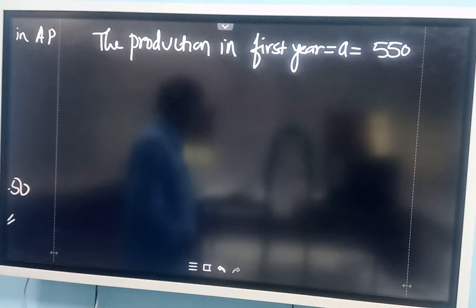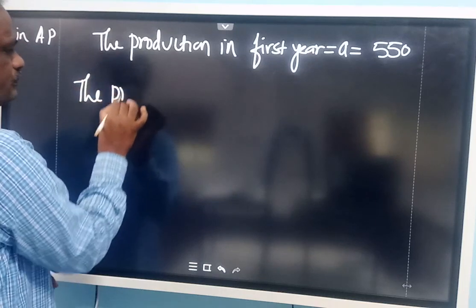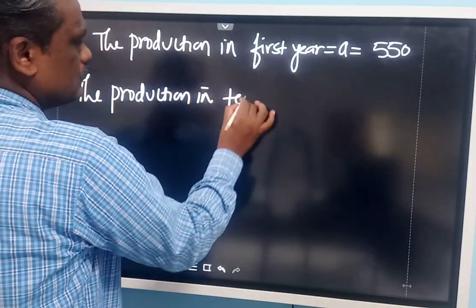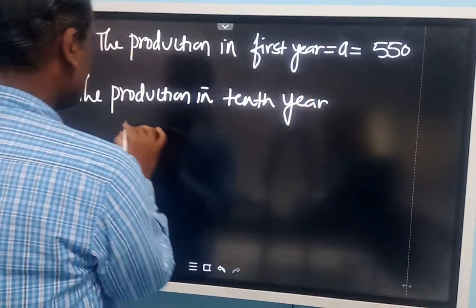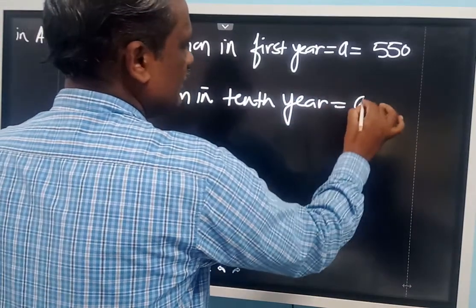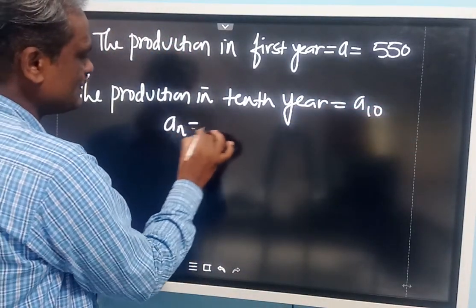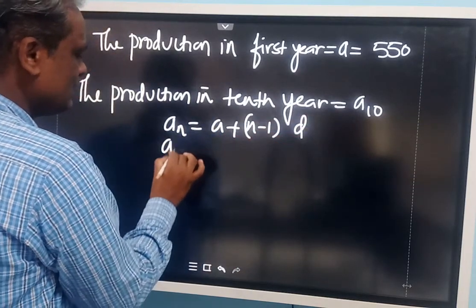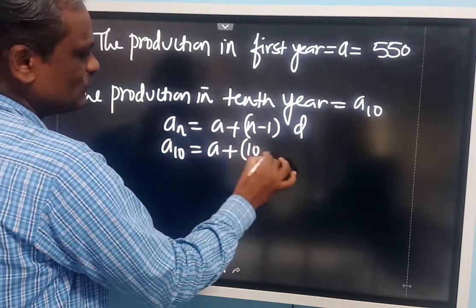Now the second question, the production in the 10th year, which is nothing but A10. Use the nth term formula, An is equal to A plus n minus 1 into d. So A10 is equal to A plus 10 minus 1 into d.